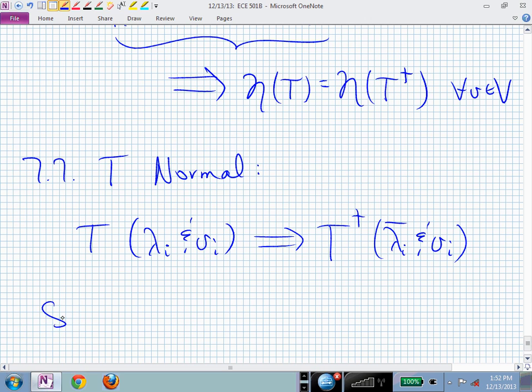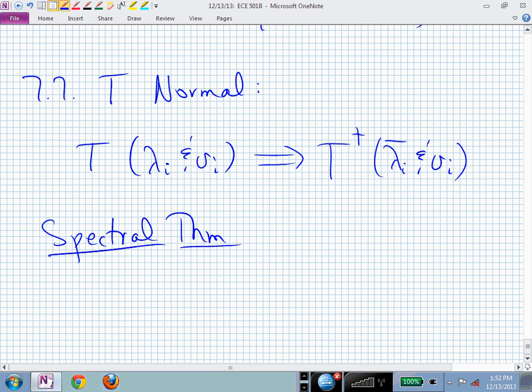Now that we've introduced the concepts of self-adjoint and normal, we can start talking about the spectrum of such operators. And that produces these spectral theorems.